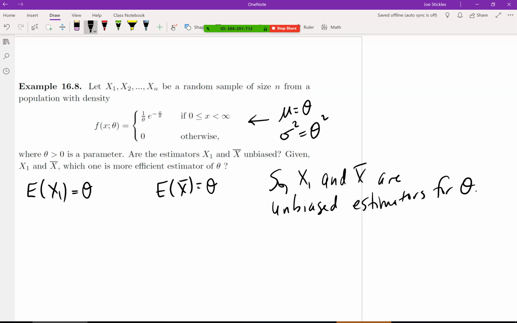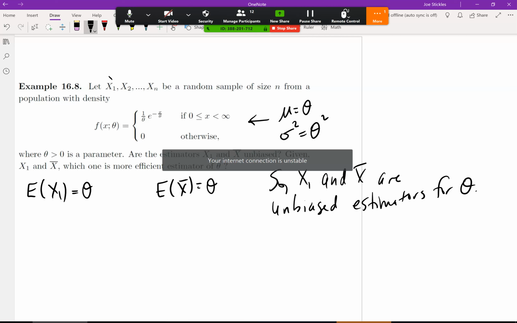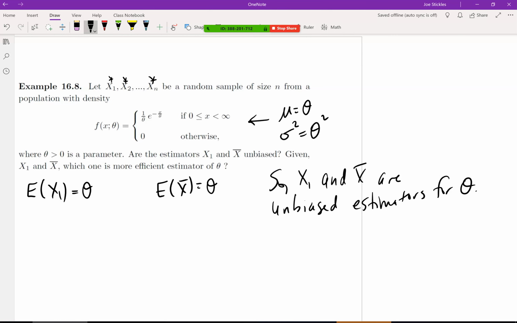To figure out which one is more efficient, how do we know that the expected value of x1 is theta? Each x sub i in the random sample has an exponential distribution with mean theta, because we're doing a random sample.